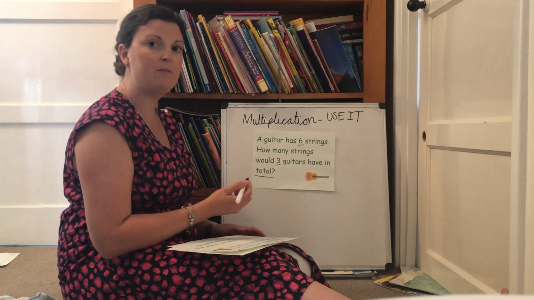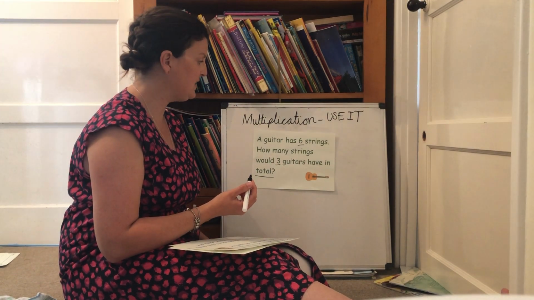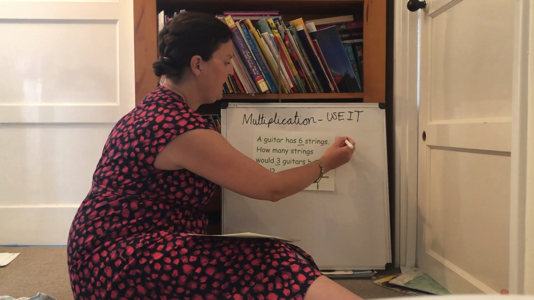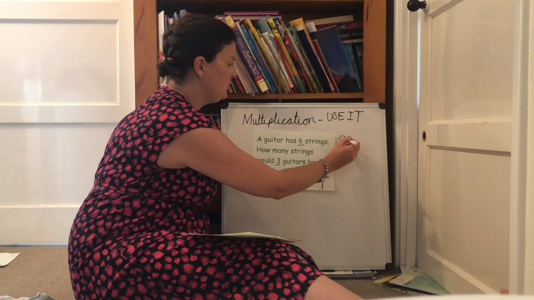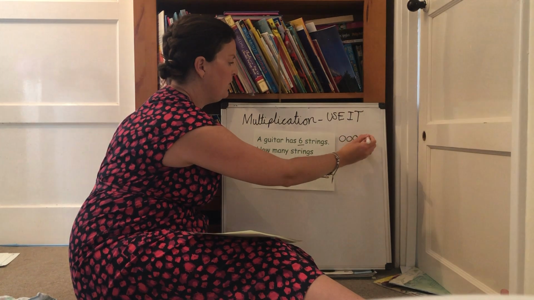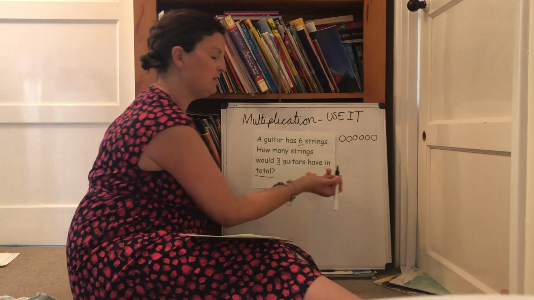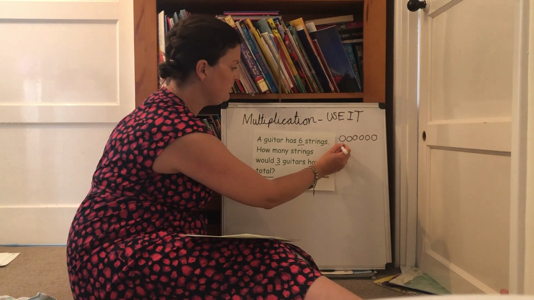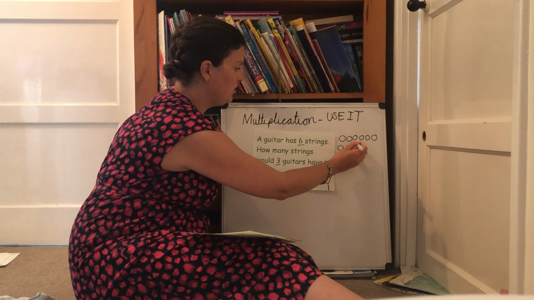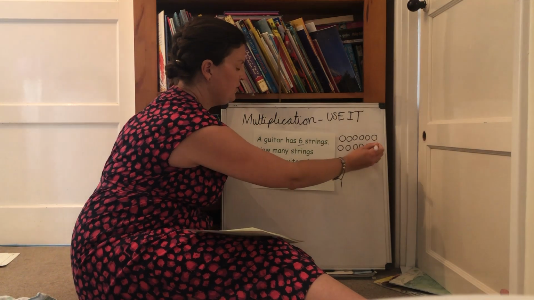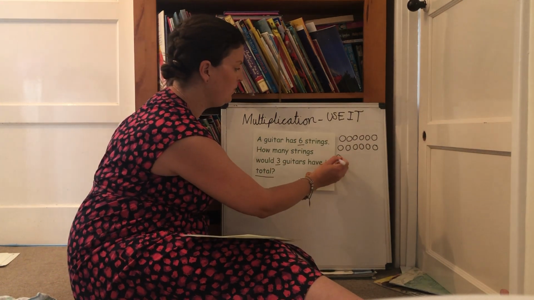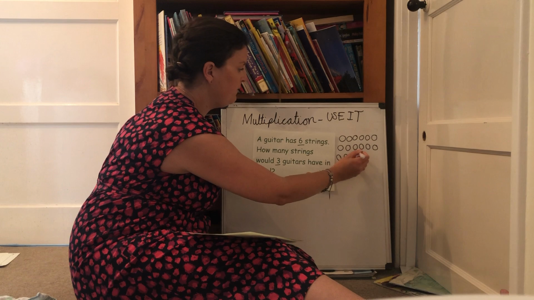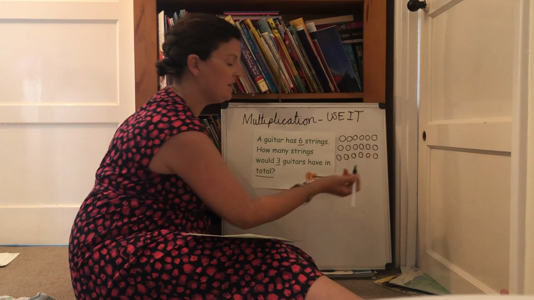Okay, I'm going to draw an array to help me. I'm going to draw it over here. So 1, 2, 3, 4, 5, 6. That's one guitar. 2 guitars, and 1, 2, 3, 4, 5, 6, 3 guitars.